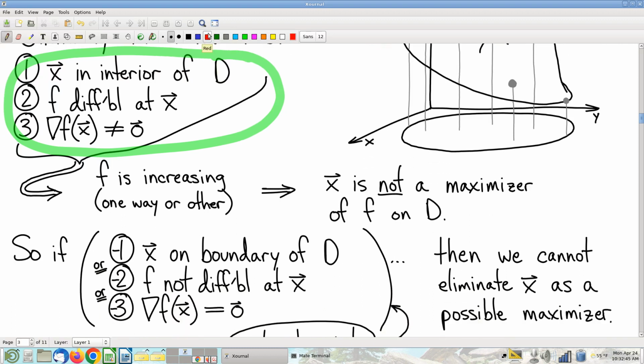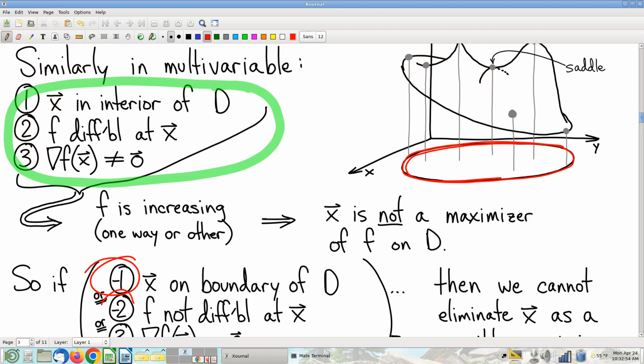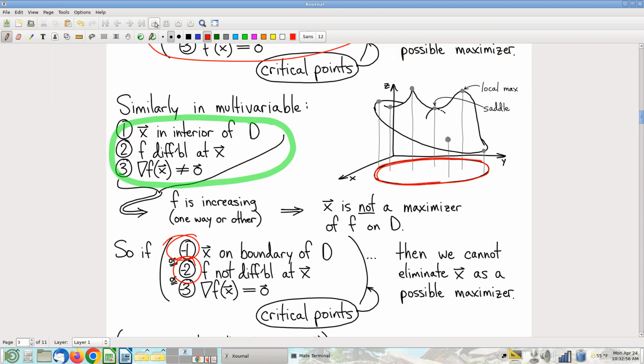The ones that we can't eliminate are the ones on the boundary, right? Or the ones where the function fails to be differentiable. I just need a little bit more room here, so I'm going to zoom out. A point like this, where the function fails to be differentiable, right? Or a point where the gradient is not non-zero, aka where the gradient is 0.